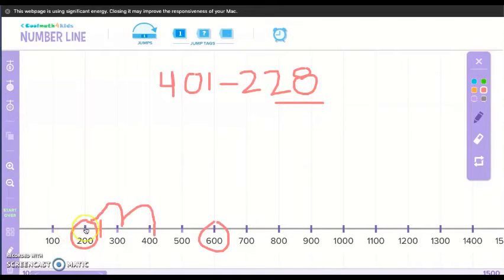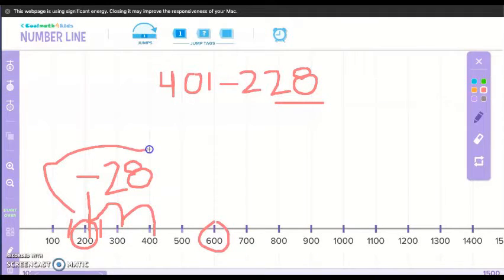Because we are at about 200 right now, from the 201 point, they will count down 28 spaces. If you go down 28 spaces, it lands about here, which is 173. So 401 minus 228 equals 173 based on this number line.